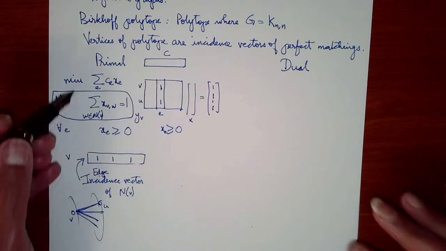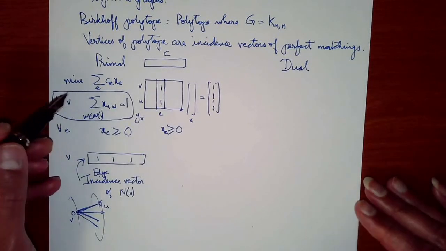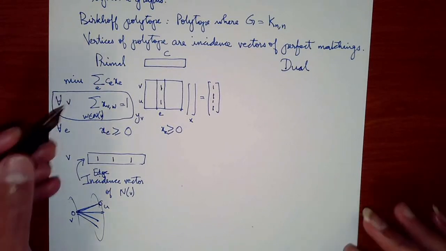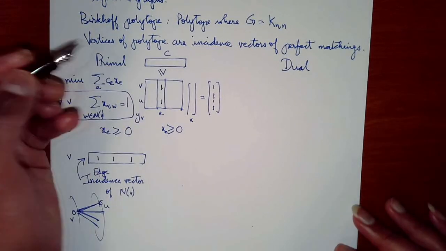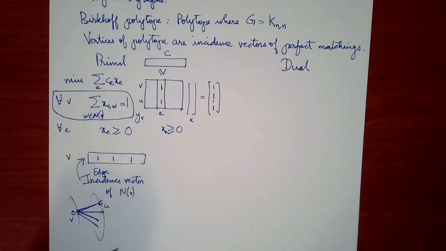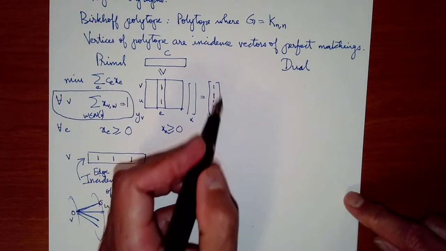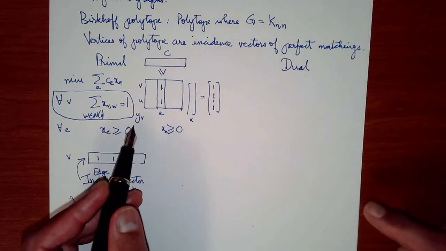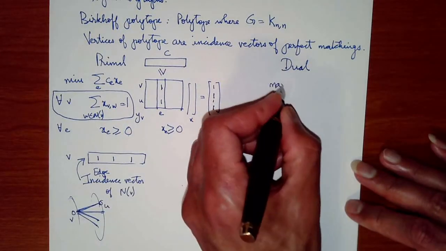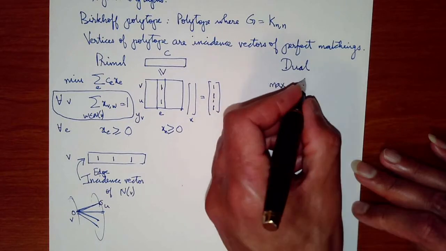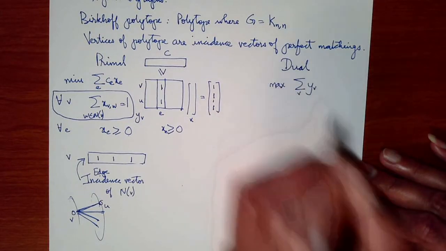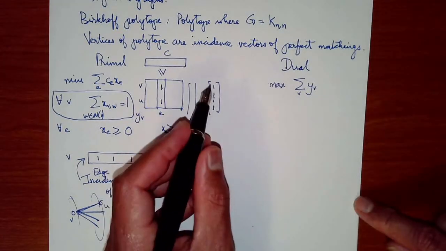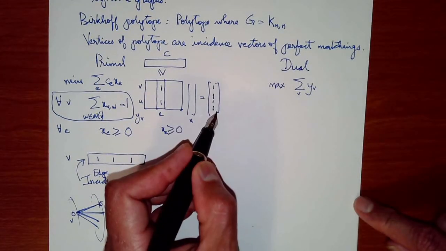Now note that this is a minimization problem, so the dual is going to lower bound things. And of course the objective function is just going to be the sum of the dual variables. So the dual is going to be a max over the sum of all the dual variables YV.